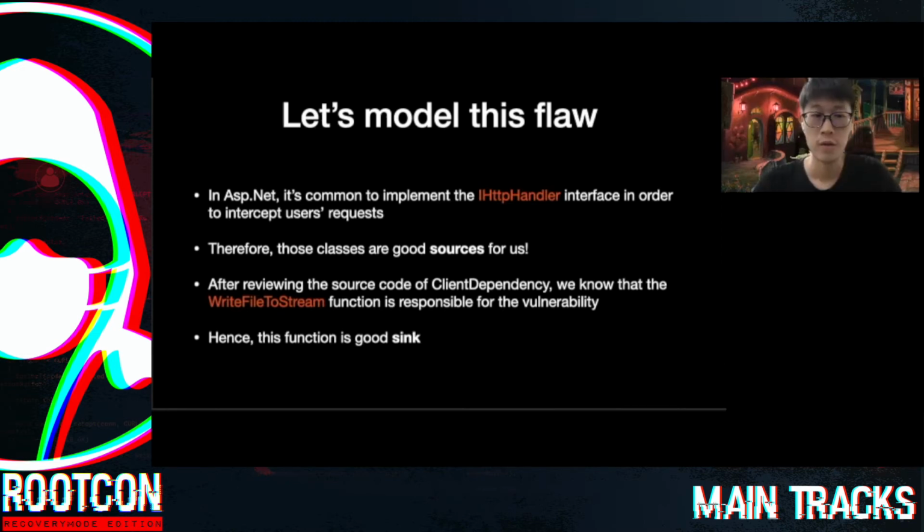We call them the source. And then there is a weak point that will read contents of files and send them back as the response body. After reviewing the source code, we note that it is WriteFile to string, so we set it as the sink.